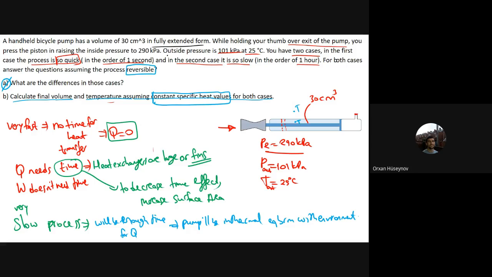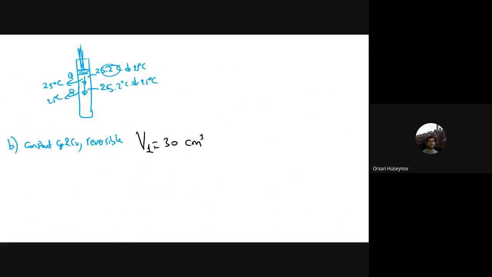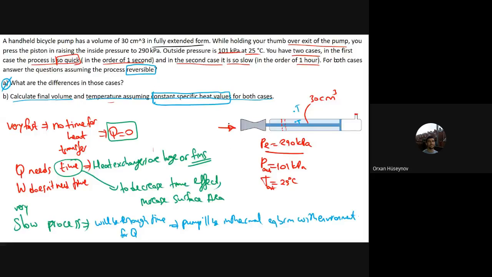Since it is in fully extended form, it will have the pressure and the temperature of the environment. So P1 will be the environment pressure, and the temperature T1 will be 25 degrees Celsius. This is for the first stage.